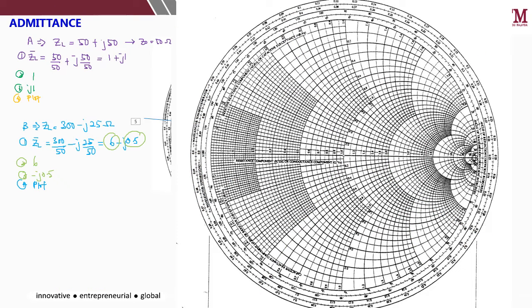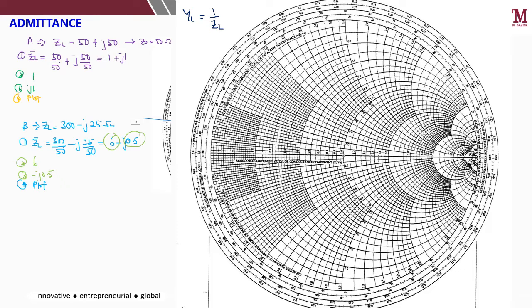Okay, next let's look at the admittance. The admittance is basically the inverse of your impedance. From the Smith chart, you can easily get the admittance value if you invert the position of your normalized impedance.